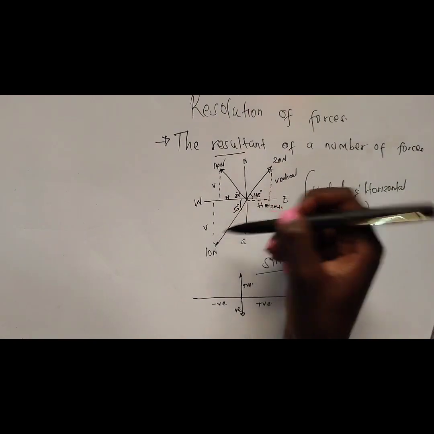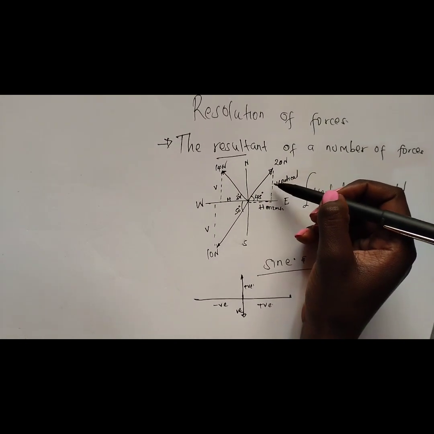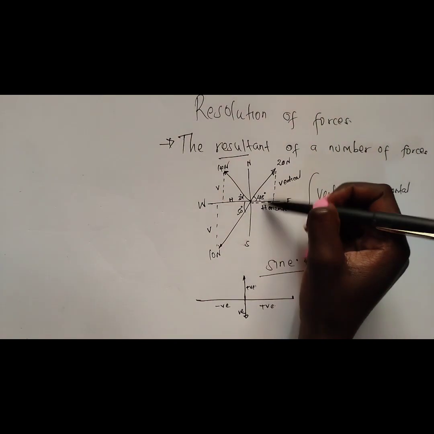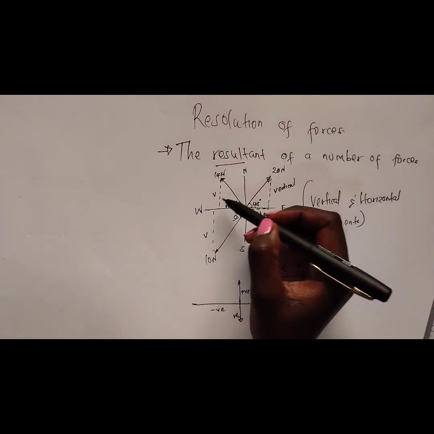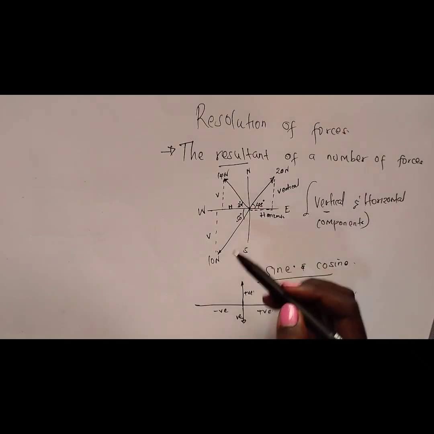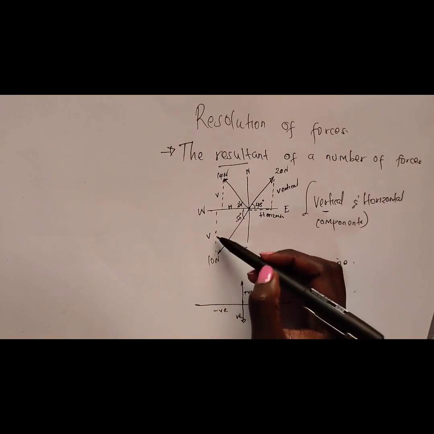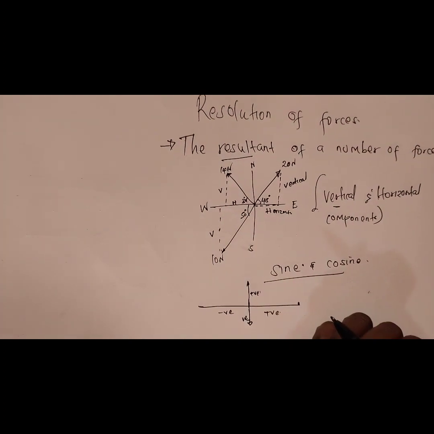Remember, it's acting downwards. The vertical for 14 is positive, the other one is positive. So all vertical and horizontal components for the first two forces in this diagram would be positive. For this case, vertical would be positive, but horizontal would be negative. For the 10 newton force, vertical would be negative, and the same for the horizontal component.